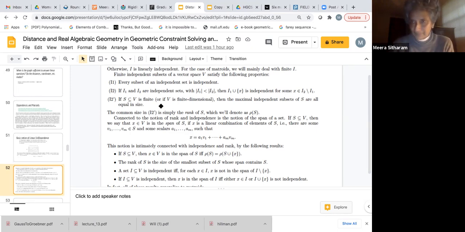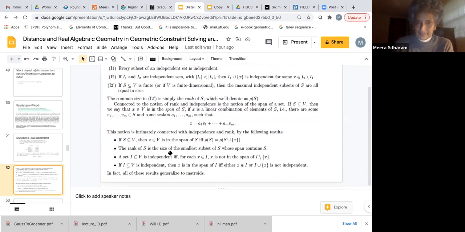And this number, the size of the maximal independent set, is the size of the basis. It's also called the rank, which we know. So we know all of these things. I'm just extracting these properties so that we can now talk about matroids in this way. We can just take these as our axioms.